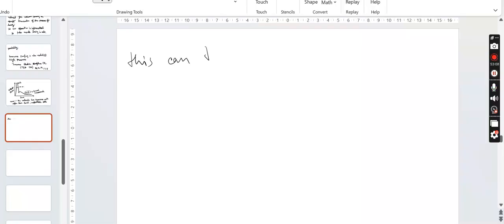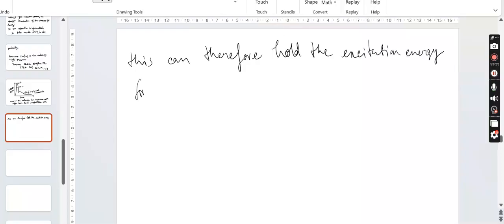This can therefore own the excitation energy for a long time and continues.